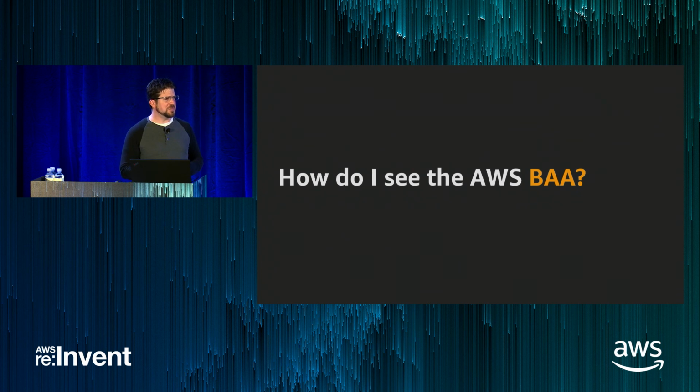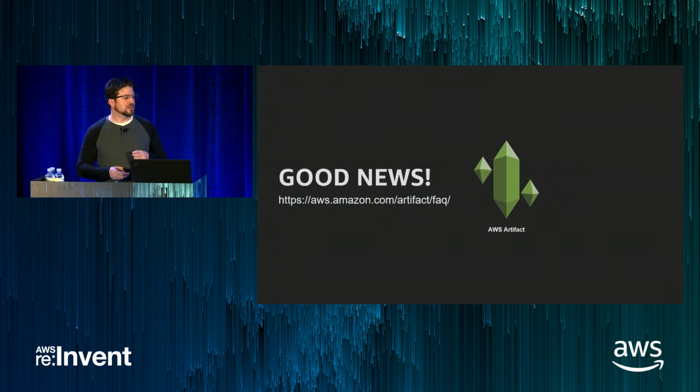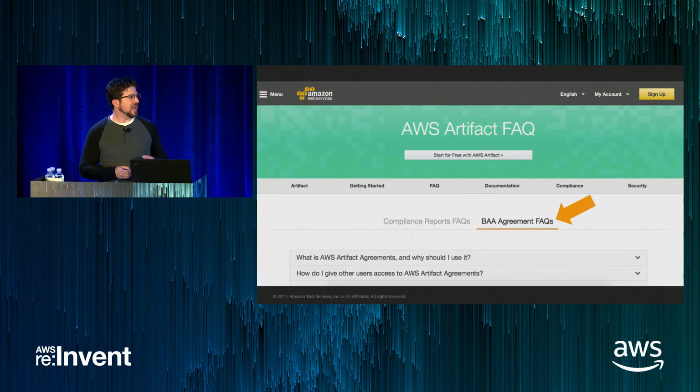How do I see the AWS BAA that I talked to you about earlier? It used to be that you had to actually track down your account manager and then request access to it. Good news, we don't make you do that anymore. There is a service that we launched midsummer this year called Artifact. Artifact has the BAA in it now, so you can actually get the BAA document from the Artifact service.